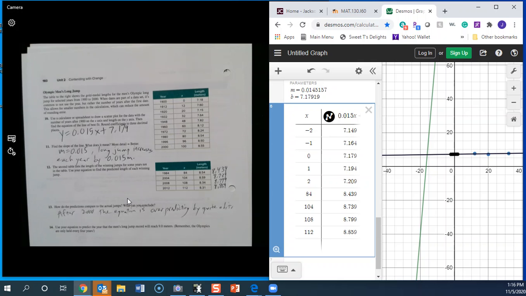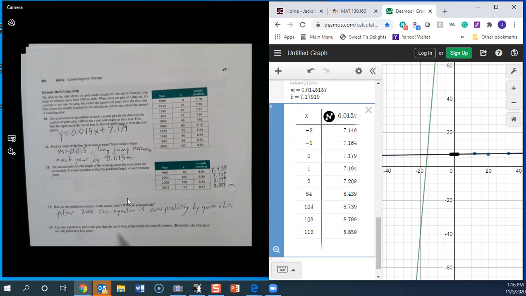All right, 14. It says, use your equation to predict the year that the men's long jump record will reach 9 meters. Remember, the Olympics are only held every 4 years. Okay, so basically they want us to take our equation and then we'll substitute in 9 for y.